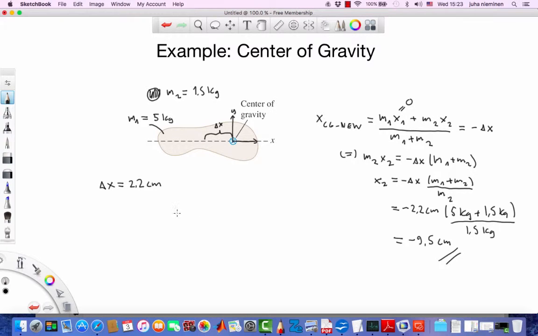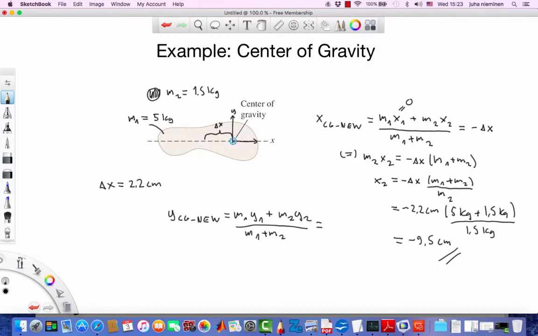What about the y direction? Same thing. In the y direction, the new center of gravity is the weighted average of the two in the y direction, so m1 y1 plus m2 y2 divided by the total mass m1 plus m2. And where do we want this to be? We only wanted to shift the center of gravity to the left, so there's no change in the y direction.